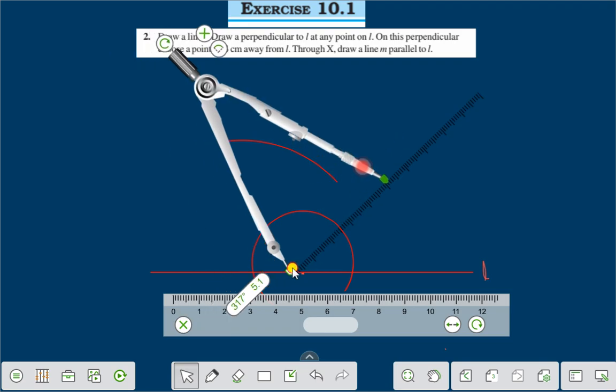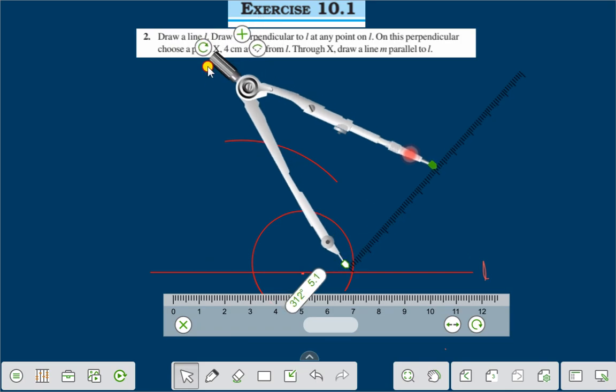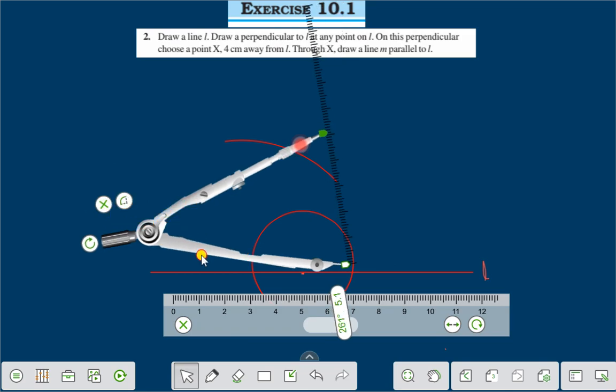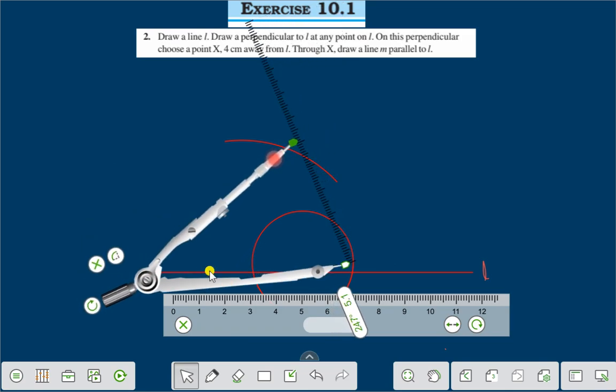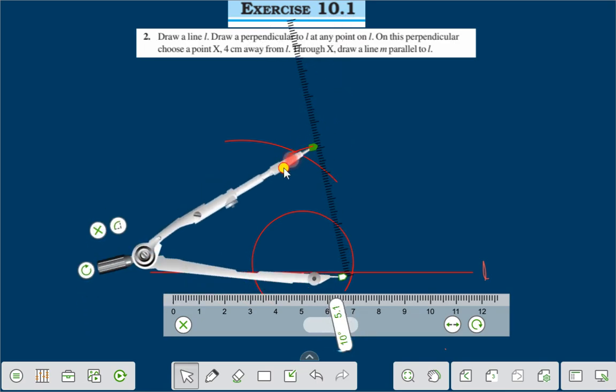Again, take this pointer at this point and take an arc here.